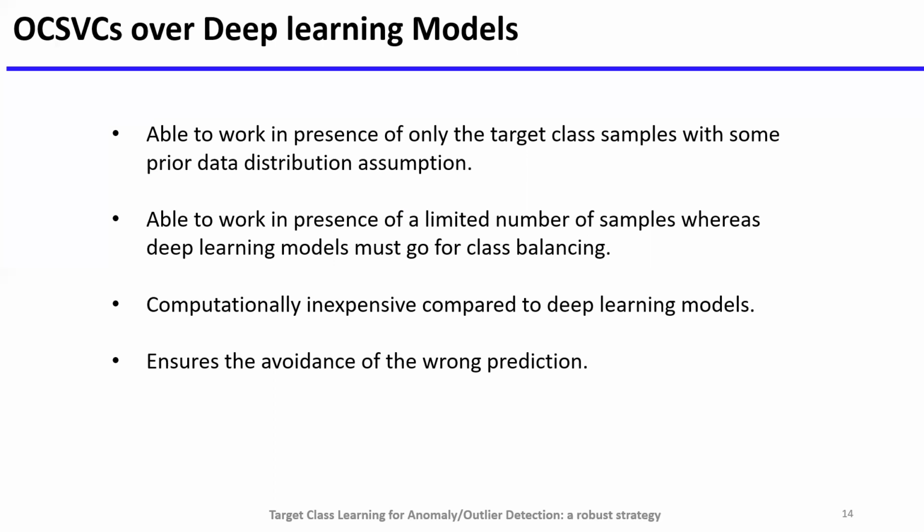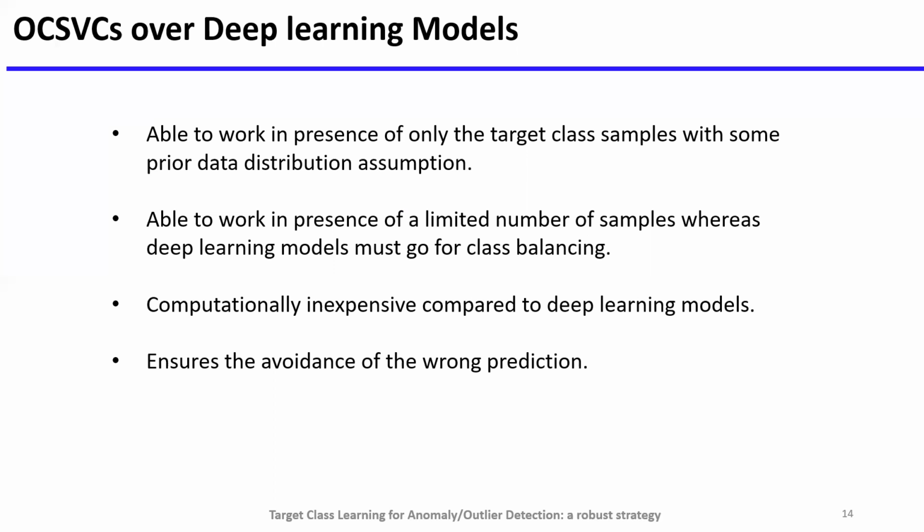But if you talk about performance and computation power requirement, one-class classifiers are much better than deep learning models because they need much less computation. And they are able to work with a limited number of samples.